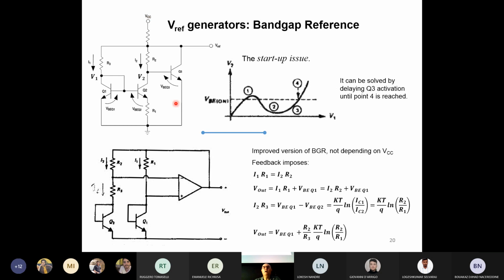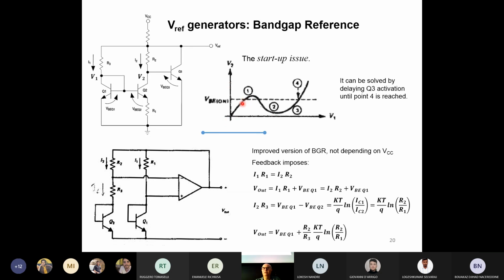All the transistors are off because we still did not reach the threshold for the diode. This means that the voltages on V1 and on V2 are the same because there is no current anywhere. And so we have this line that is around 45 degrees. This line at 45 degrees means V1 and V2 are the same.